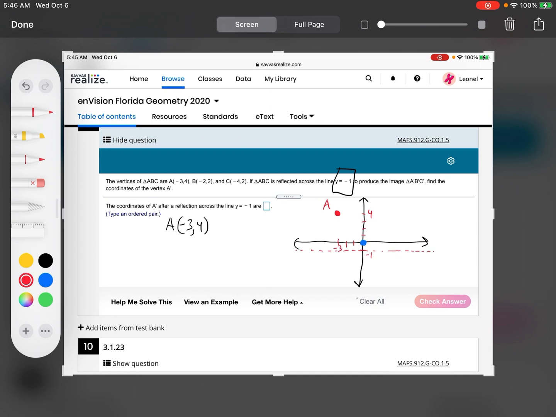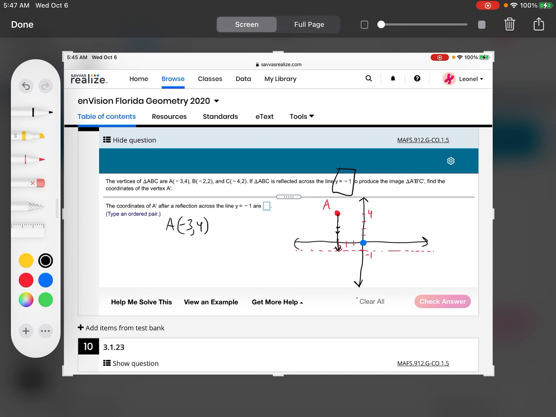Okay. Now we have to reflect across the line y equals -1. So when we count, we have to count all the way to that line. We're at a height of 4 at the moment. 1, 2, 3, 4, 5.